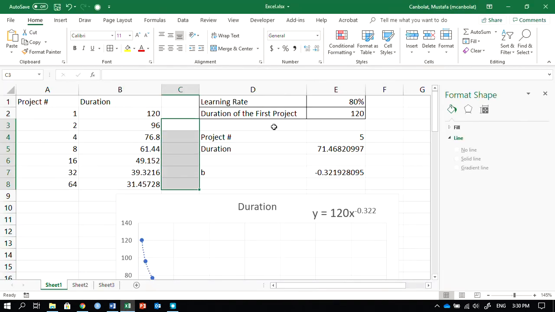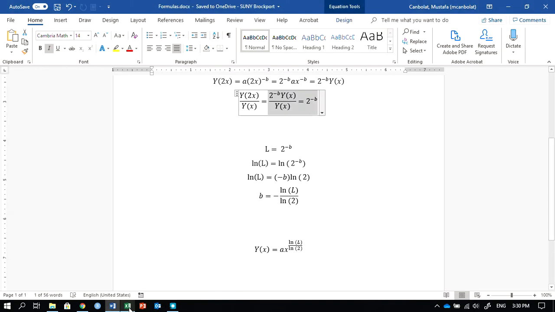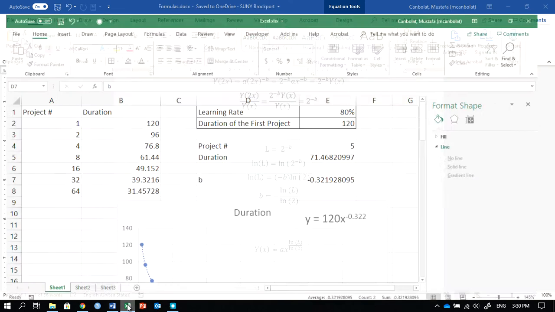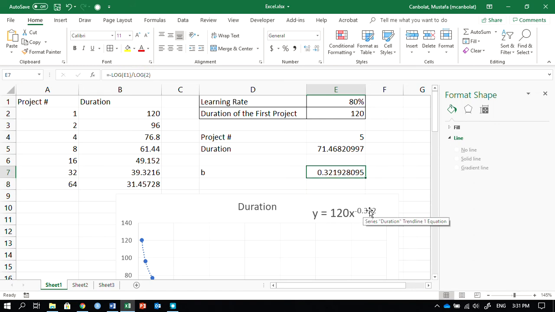So let's just find that b in here. We're able to find that, and I just punch in the formula, right? Negative log of L over log of 2, and as you can see here, I didn't put the negative here. If I just put negative, that's 0.32, then I need to make it a negative.